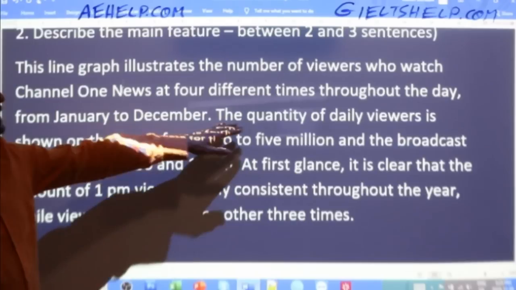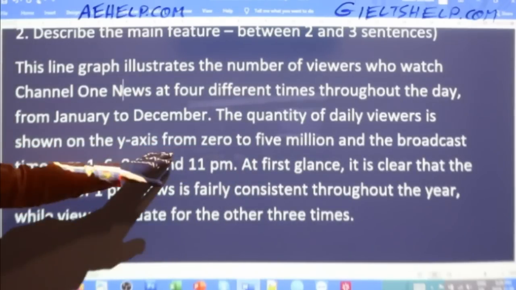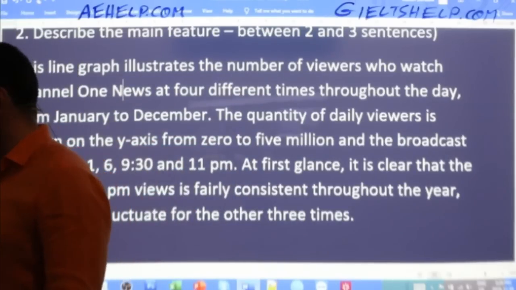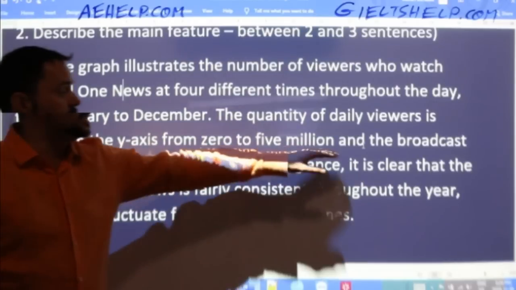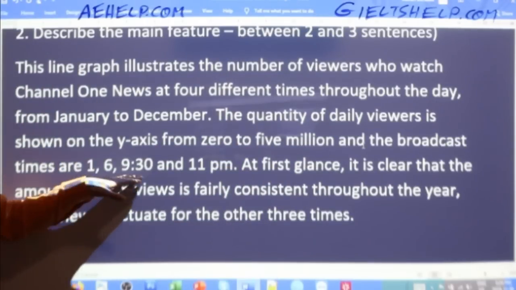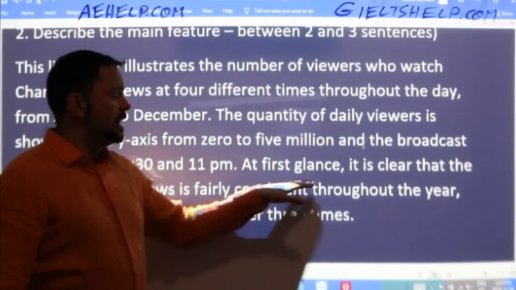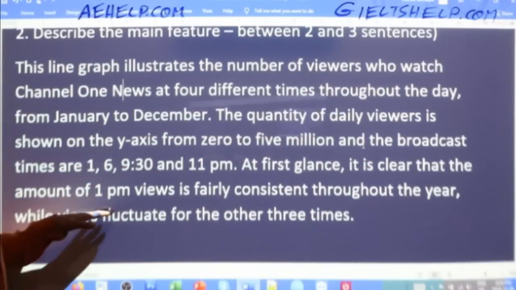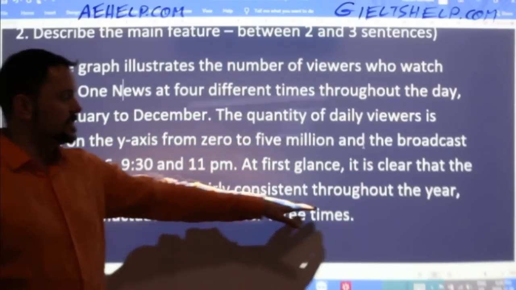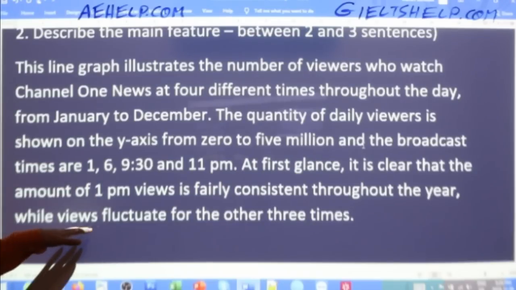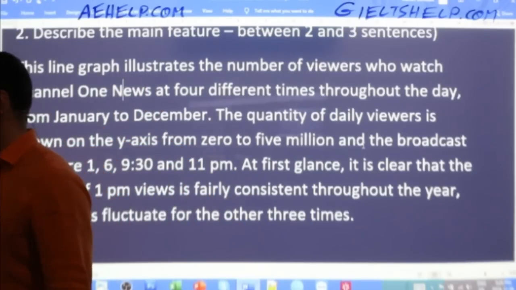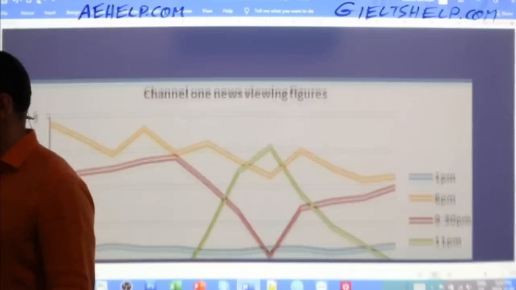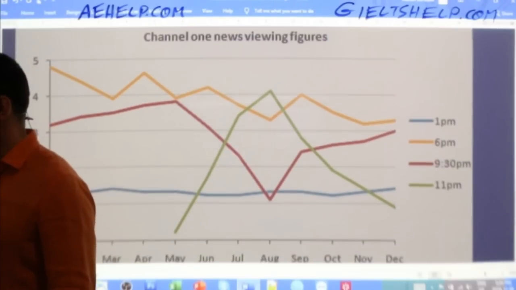The quantity of daily viewers is shown on the y-axis from 0 to 5 million, and the broadcast times are 1, 6, 9:30, and 11 p.m. At first glance, it is clear that the amount of 1 p.m. views is fairly consistent throughout the year, while views fluctuate for the other 3 times. All right, a few different ways to write that, but the idea should be similar, okay?